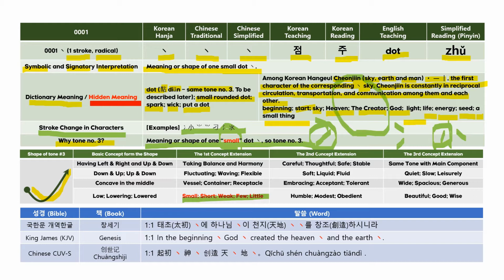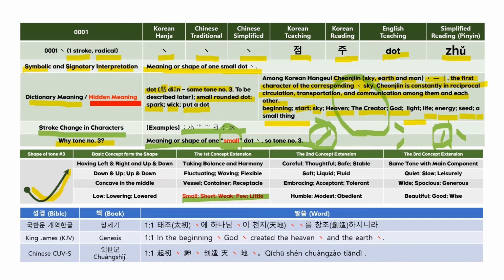So you can learn your language and Chinese language through these words as well. So what do you think about this teaching method? This teaching method has been taken by Korean ancestors for more than maybe 1,000 or 2,000 years, I guess.